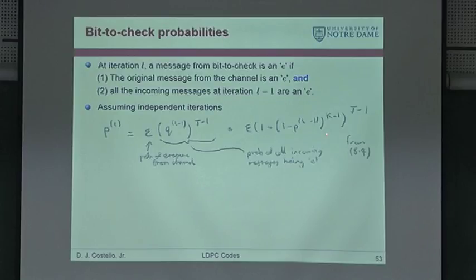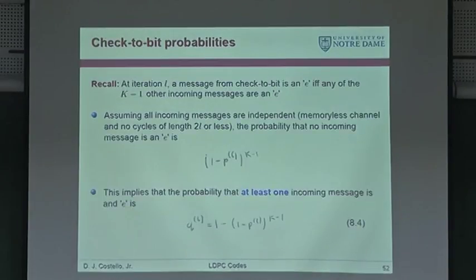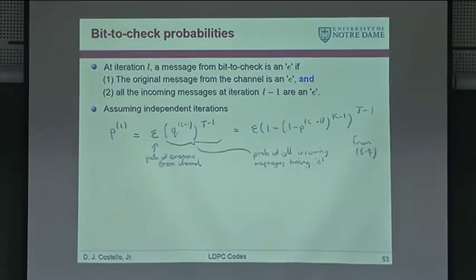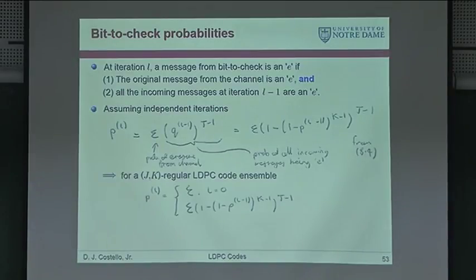This is K minus 1, because that's what we had here as the exponent, where K is the check node degree. And this whole thing gets raised to the j minus 1 power. So we now have expressions for the probabilities that we send from variables to checks and the probabilities that we send back from checks to variables.